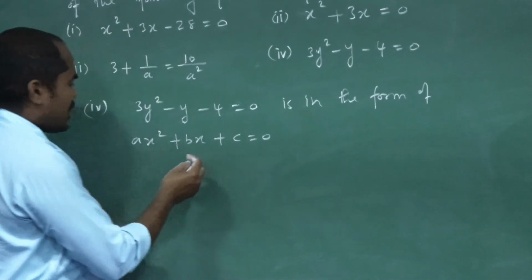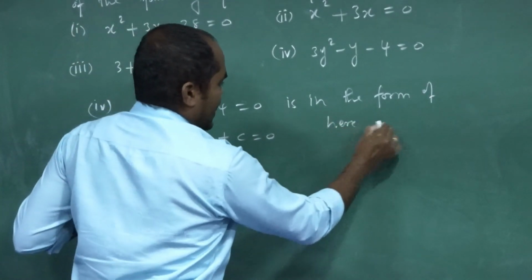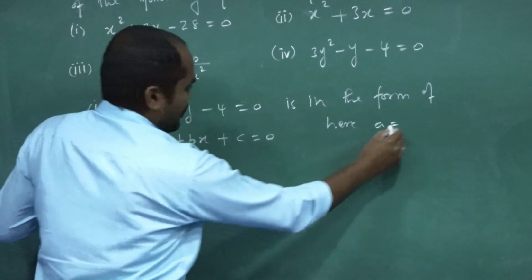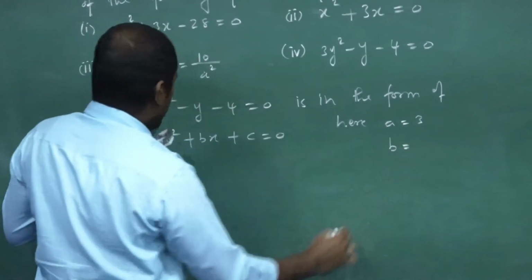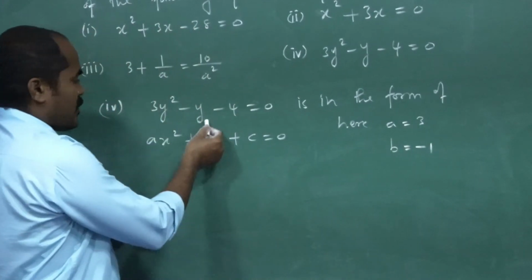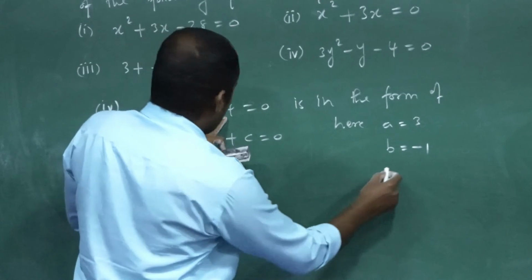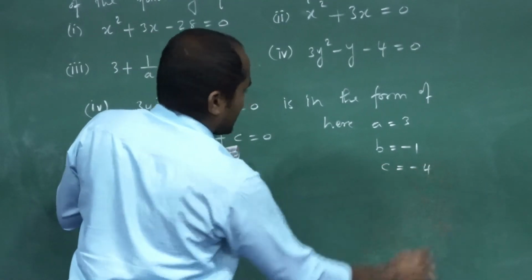So compare the given equation and the general form. So we get a is equal to 3, b value is minus 1 because y coefficient is minus 1, and constant term is minus 4. So c is equal to minus 4.